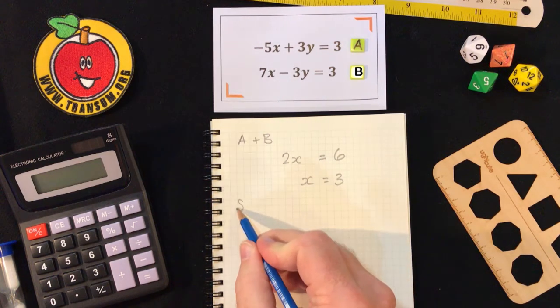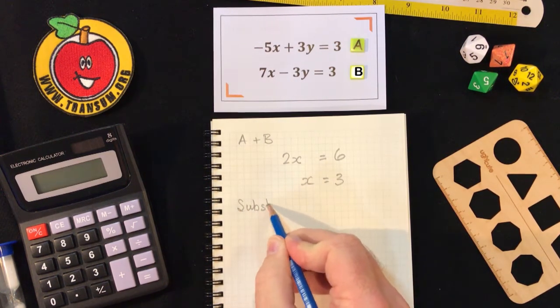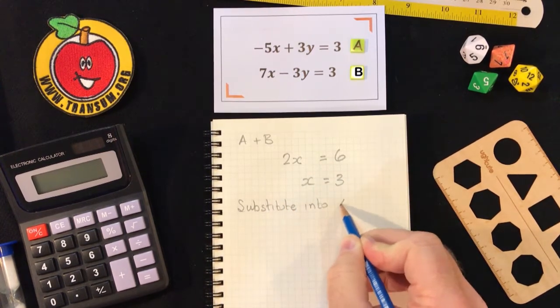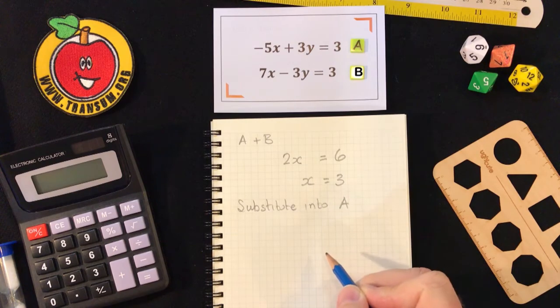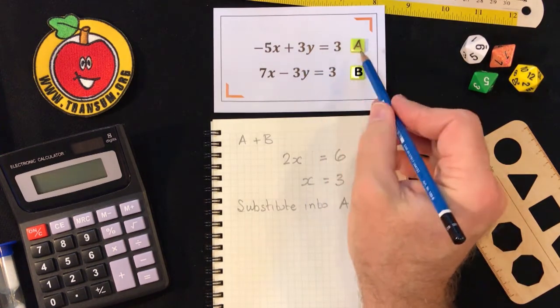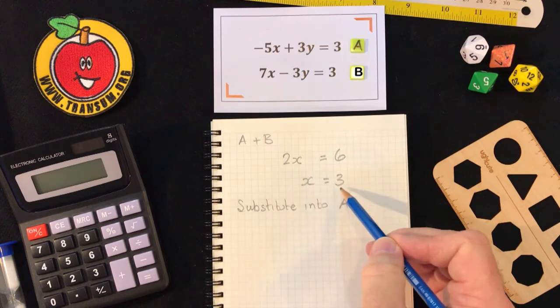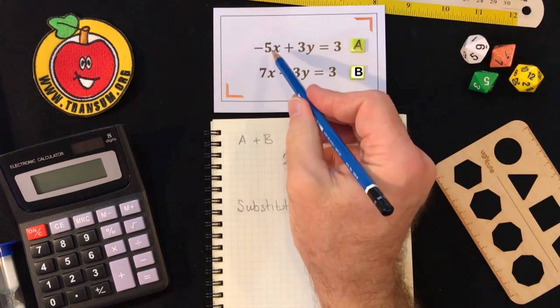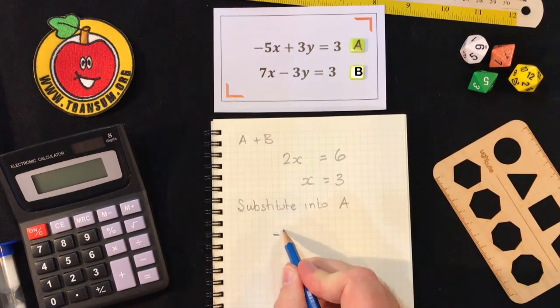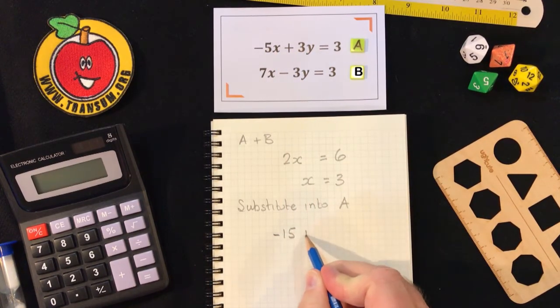Now what I'm going to do is substitute that into the first equation, A. So now I know x is 3. I can write out equation A again, but replacing the x with a 3. So 5 times 3 is 15, but it's negative, so negative 15.